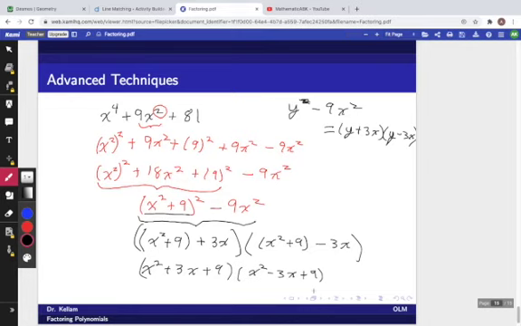Whereas the normal way that we get trinomials is to multiply two binomials together, we can multiply two trinomials together and get a binomial. And that's all I wanted to point out.